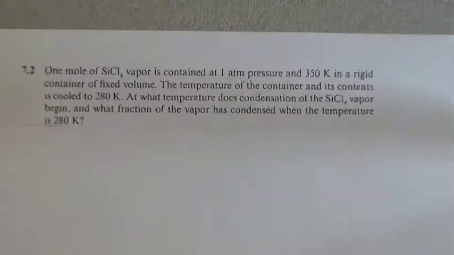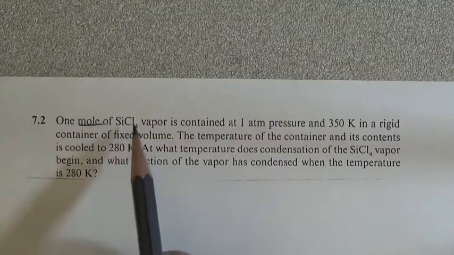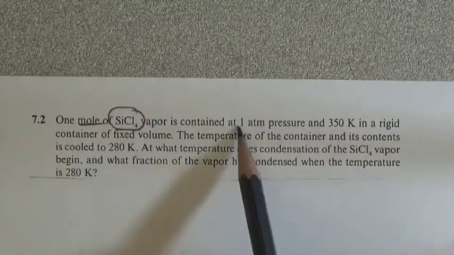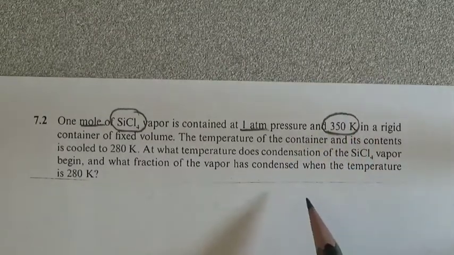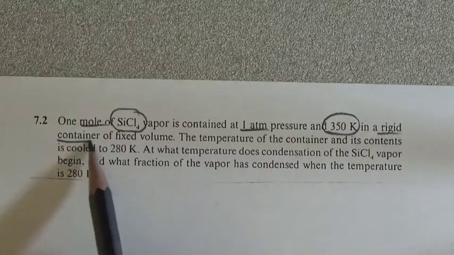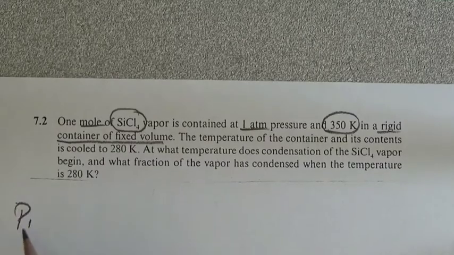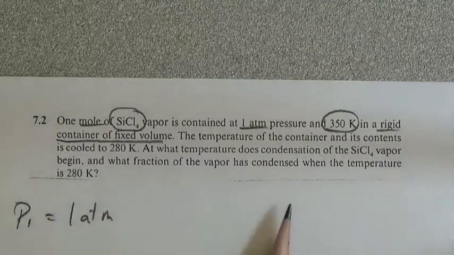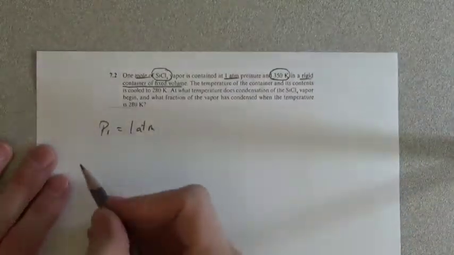Okay, next let's look at problem 7.2. Problem 7.2, we're talking about 1 mole of SiCl4 at 1 atm and 350 K, and we're told that it's in a rigid container with fixed volume, which means that we can determine the volume. P1 equals 1 atm.